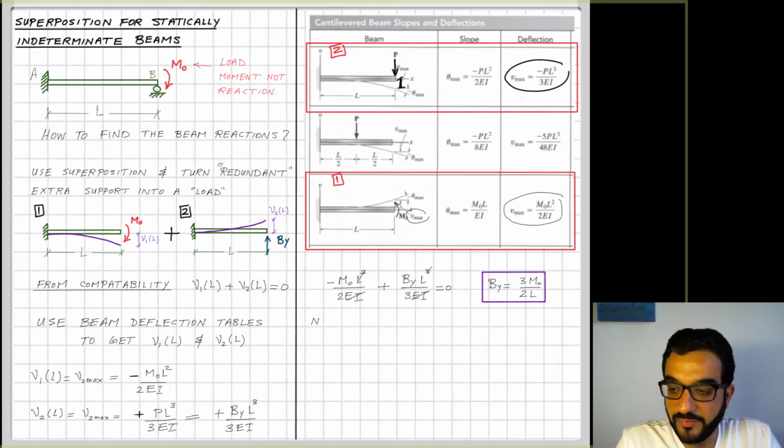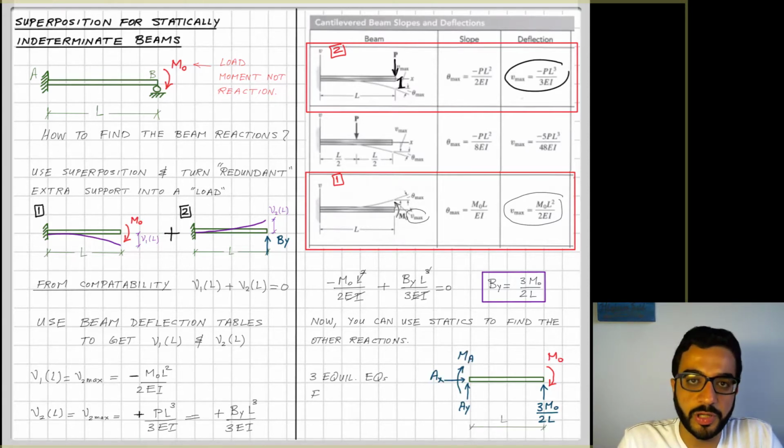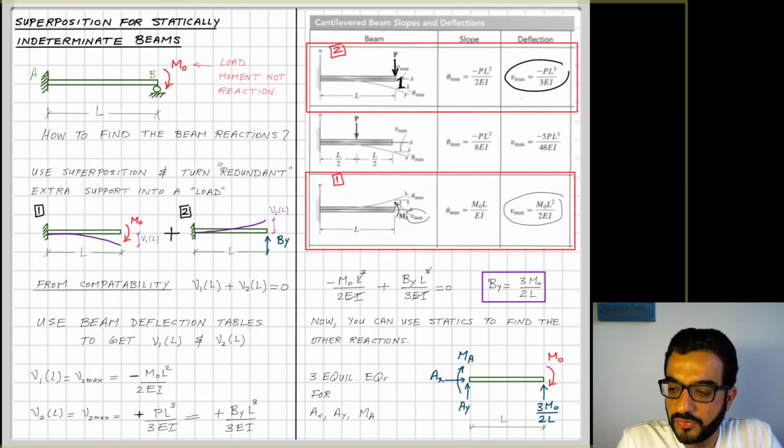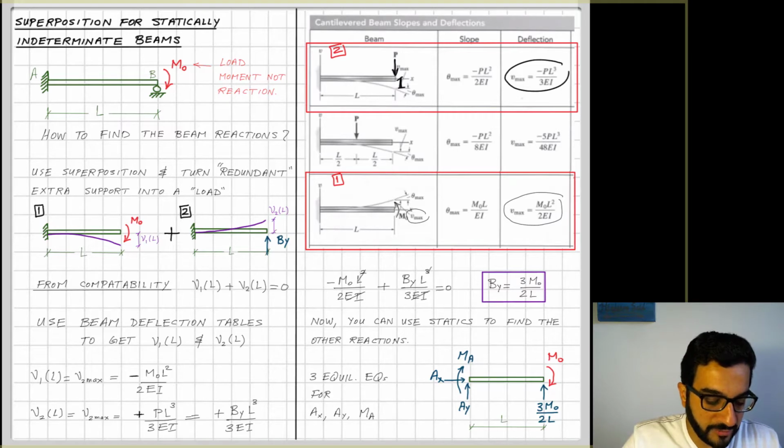And I should be able afterwards to solve all of the unknowns of this beam, the 3 left reactions, by using the 3 equilibrium equations: summation of forces in X, summation of forces in Y, summation of the moments. And this is the free body diagram. And I know now BY is not an unknown anymore. I know the value for it, and I will be able to solve for the 3 reactions, which is something I will leave for you to have fun with.